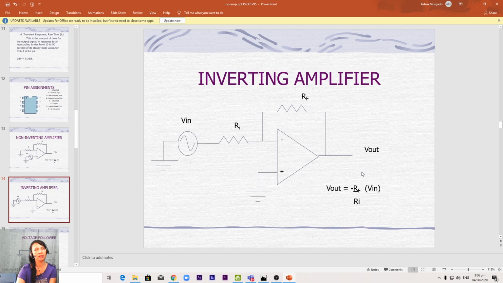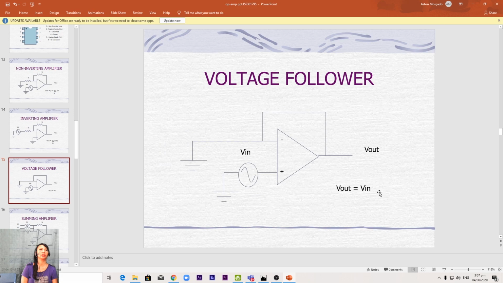Next circuit, we have the voltage follower. For the voltage follower, V out is equal to V in. It is basically just used to isolate one circuit from another. So what have you noticed in the voltage follower?